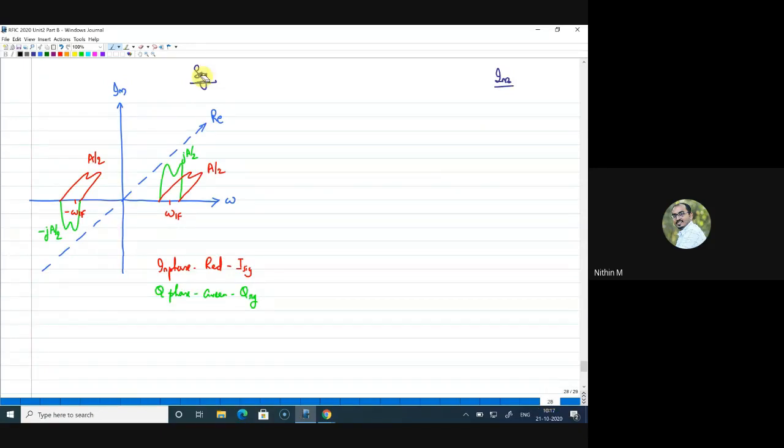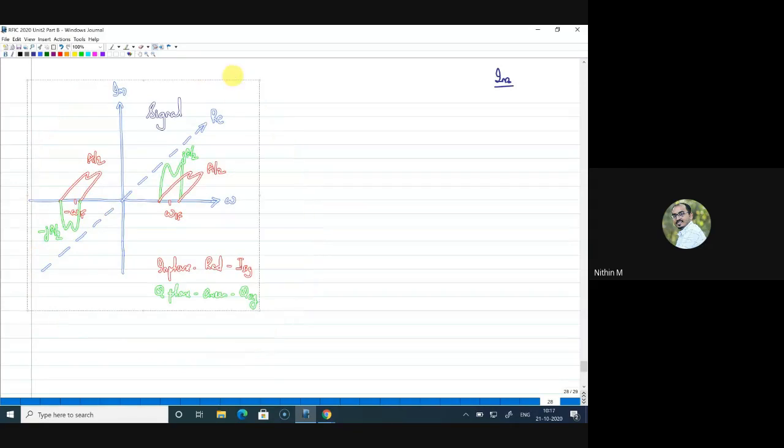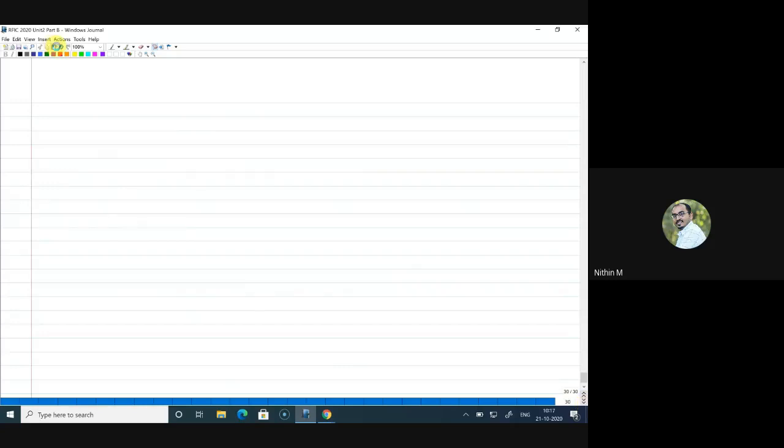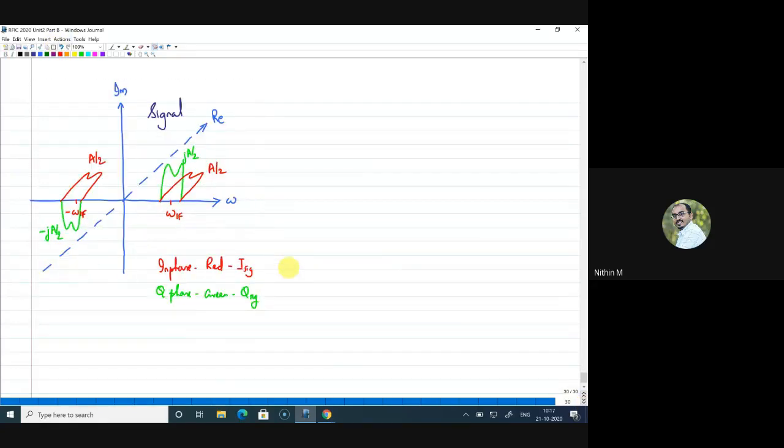Yes, so this is the signal component, where the in phase component is marked as red, and the quadrature component is marked in green.